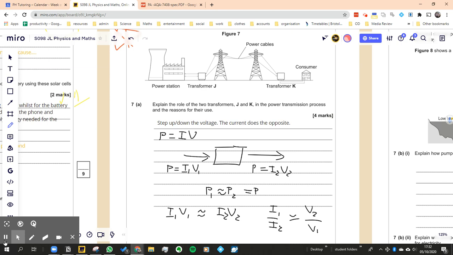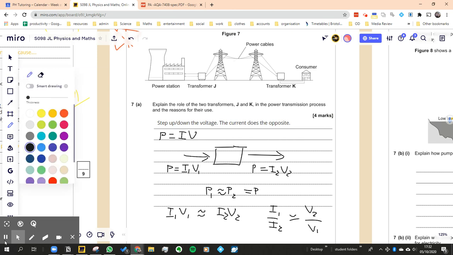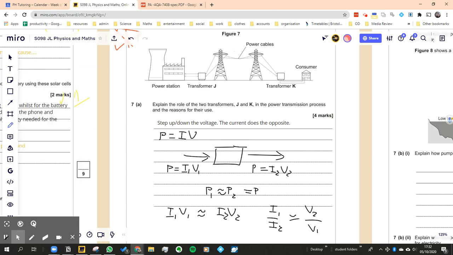We haven't talked much about how to make it happen, but that's why, when I increase the voltage, the current goes down. Now, why would we want to do that? Well, when we want to transmit energy over a long distance, there is a chance of energy being lost through heat, and we could lose a lot of energy along the way.